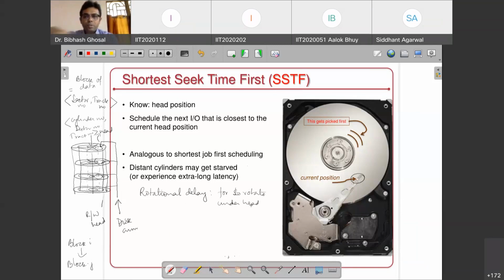So your disk is rotating. You have to rotate it to bring that block below that particular head. What is the best case in this situation?